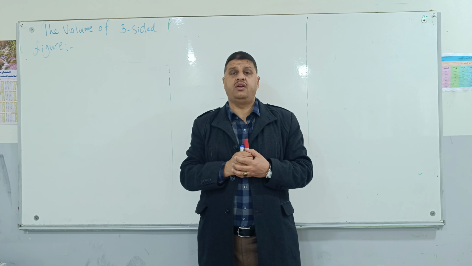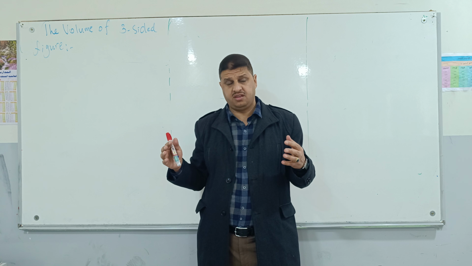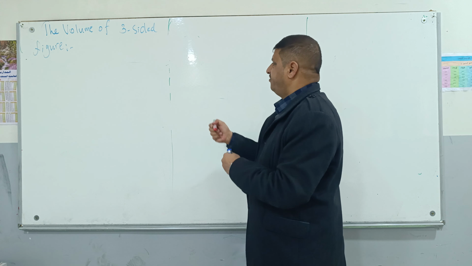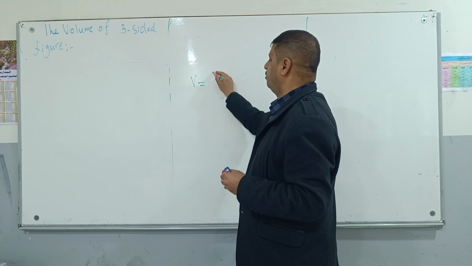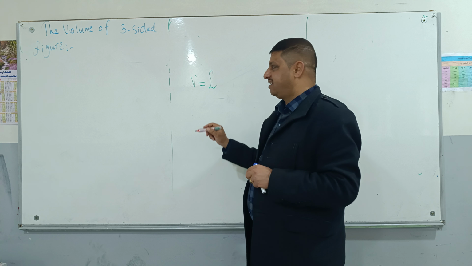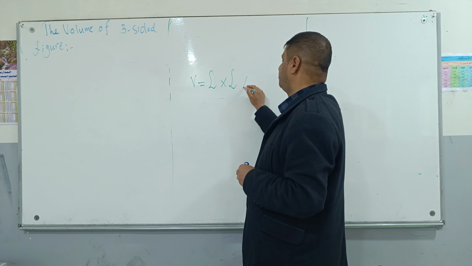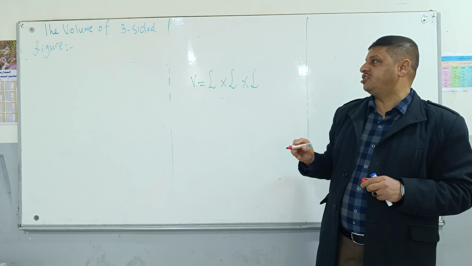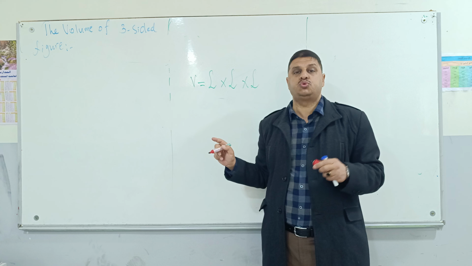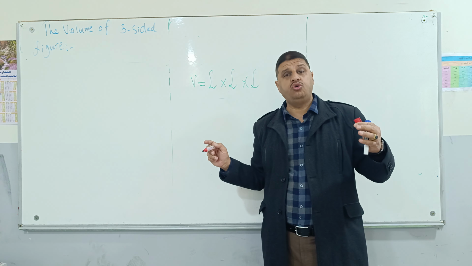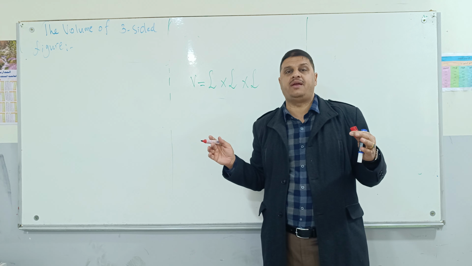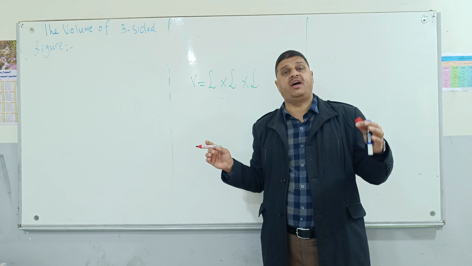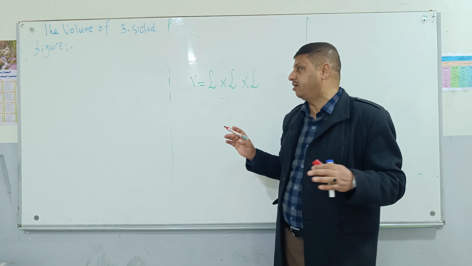Thus, when I wanted to find the volume of the cube, I wrote volume V equals L, length, times itself times itself. I multiplied it with itself 3 times. Why? Because the cube is a uniform shape, having length and width and height all of them equal.